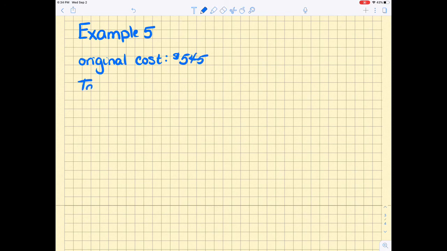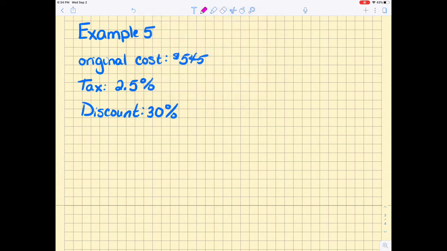This is going to be taxed at 22.5%, but it has a discount of 30%. This is actually a two-part problem in one. Isn't that exciting? You get to do two problems instead of just one.